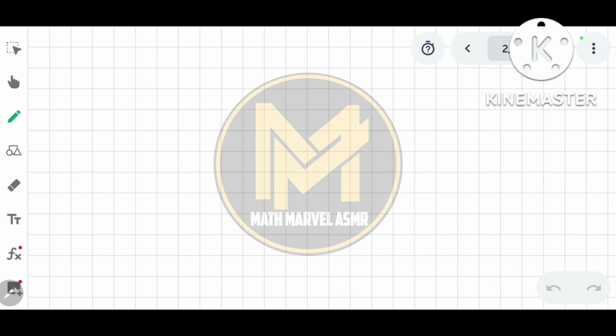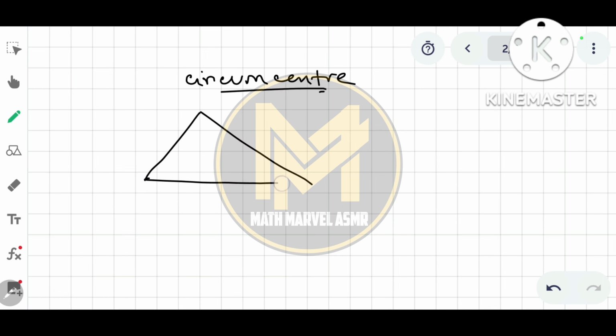Let's get started. First of all, our topic is circumcentre. The circumcentre is found if we draw a triangle and draw the perpendicular bisector of each of the sides. This is the perpendicular bisector of the side QR.